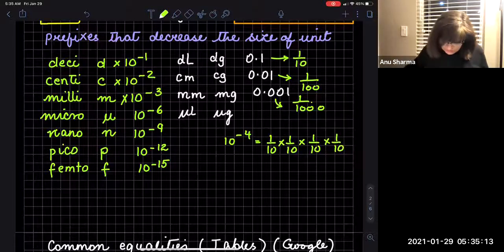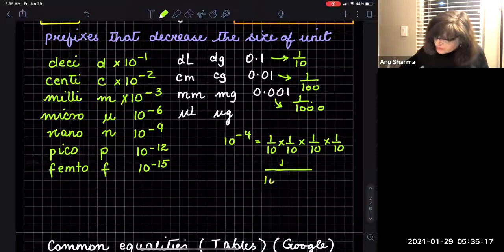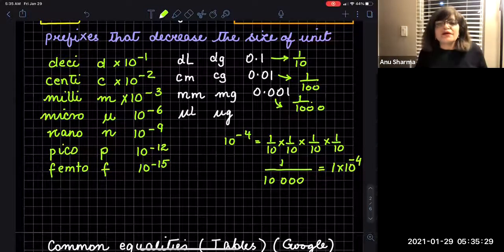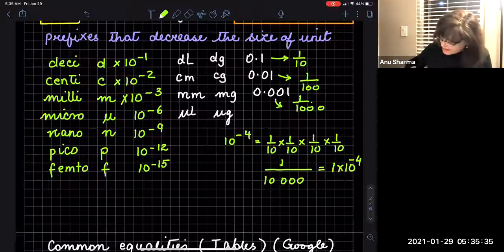This also means 1 over 10,000. And 1 over 10,000 can also be written as 1 multiplied by 10 to the power negative 4. Okay, so this is a little bit of the math piece I wanted to touch base on.